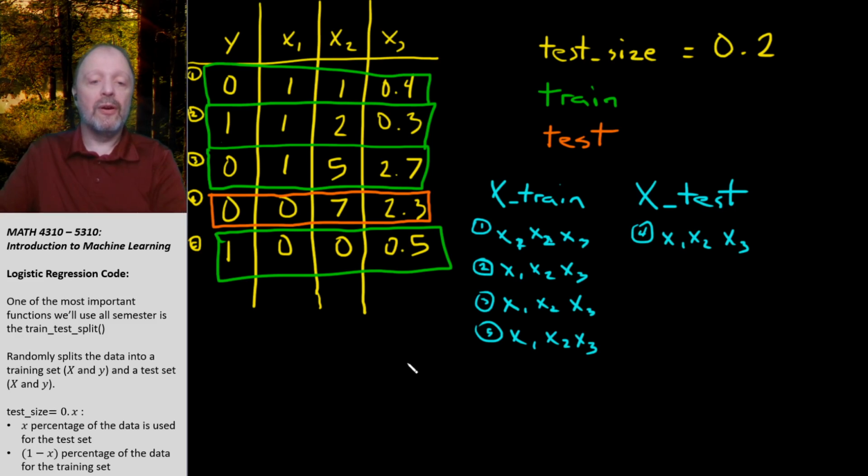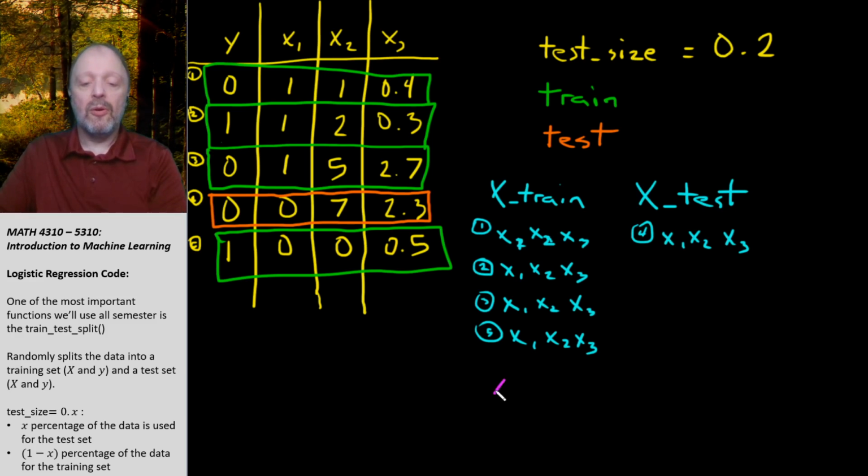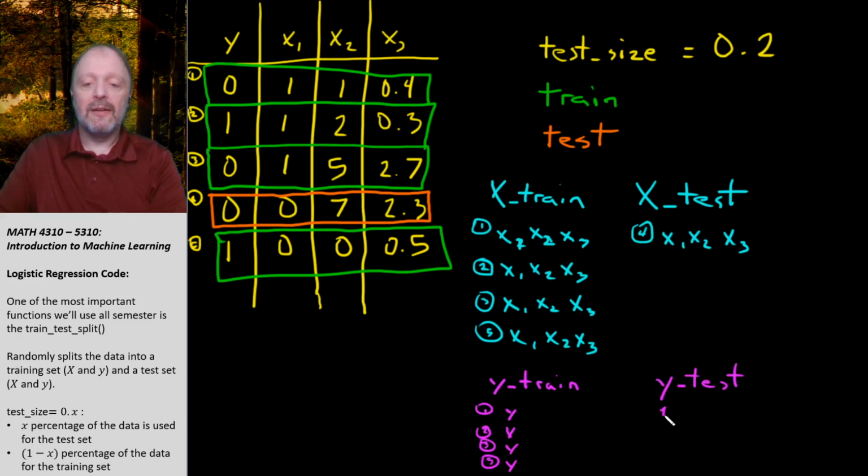Now, let me go to another color. So it's going to be Y train. What does that hold? Well, from the first example, it has y. Second example has y. Third example has y. And the fifth example has y. What does Y test hold? Y test holds from the fourth example, the y.